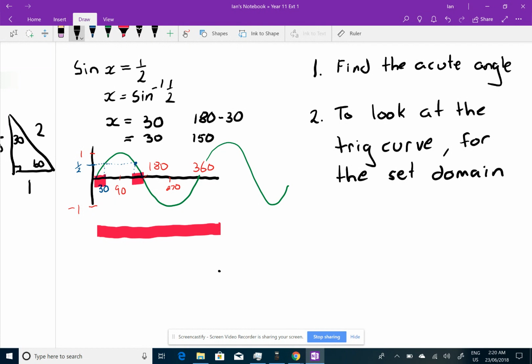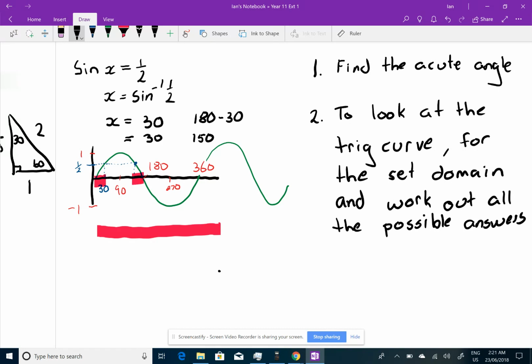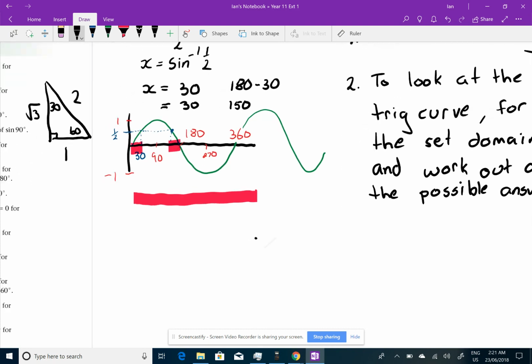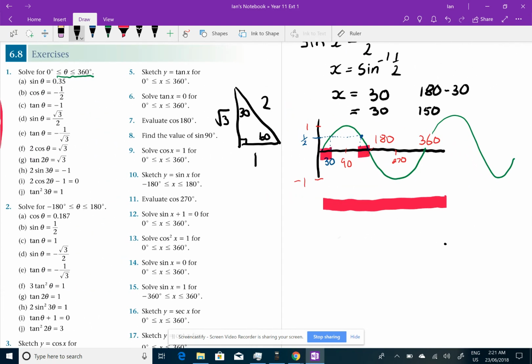So we're going to look at the curve for the set domain and work out all the possible answers. And I'm going to write another thing underneath there in a minute so you can see how they do it. So there's an example question. Now let's do some of the questions that are here.